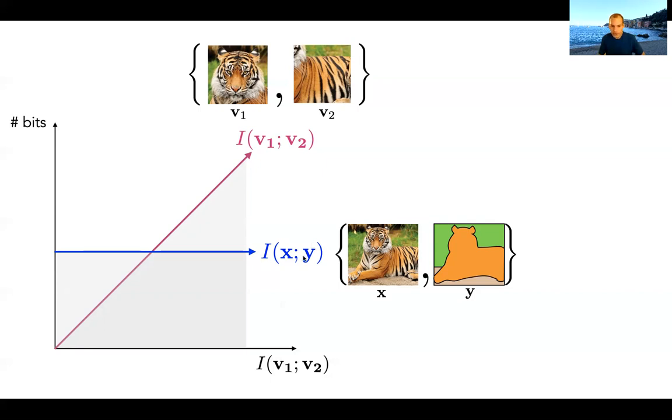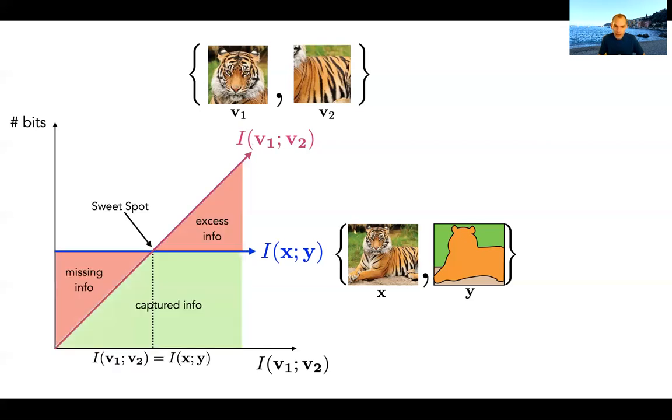Okay, so the mutual information between an image and the task, the semantics, is going to be some number of bits. And as we change the views, we will at some point have less bits than exist between the image and the task, and at some other point we'll have more bits.